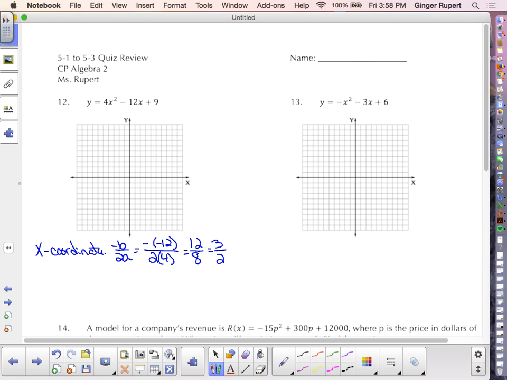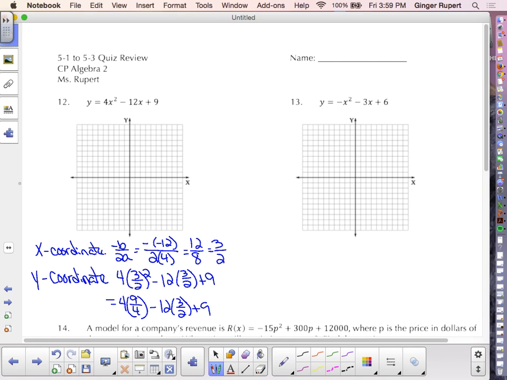And then I have to find the y coordinate. I'll substitute that in, so I have 4 times 3 halves squared minus 12 times 3 halves plus 9. That's going to give me 4 times 9 fourths minus 12 times 3 halves plus 9.